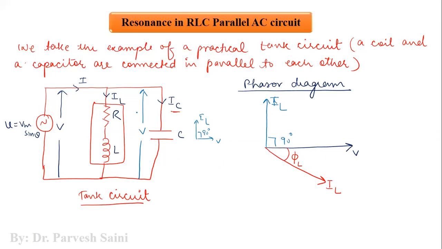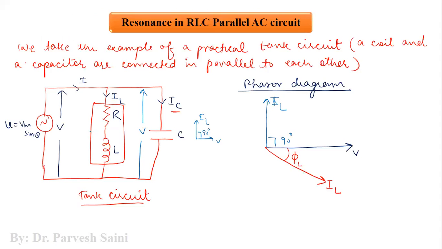So this is the phasor diagram of this particular circuit. Now let us find out the admittance of this particular circuit. Because in our previous lectures we have understood that in parallel AC circuits we prefer to use the admittance instead of the impedance.